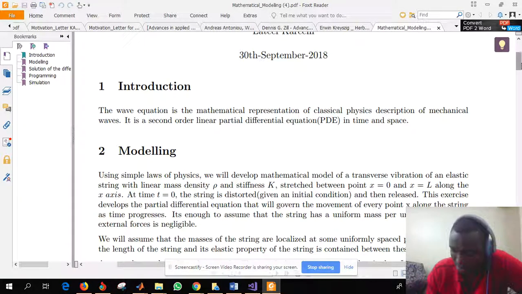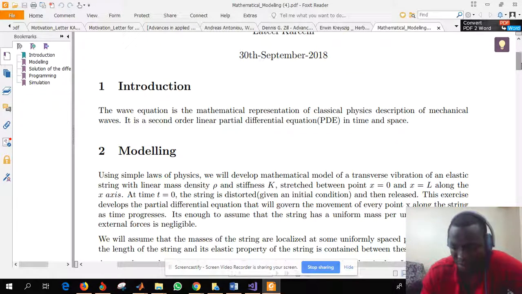Generally, the wave equation is a partial differential equation. We classify that as a hyperbolic differential equation. It is a second order differential equation, linear in both time and space.